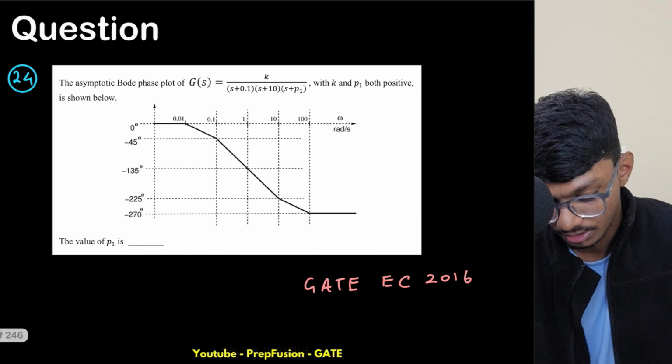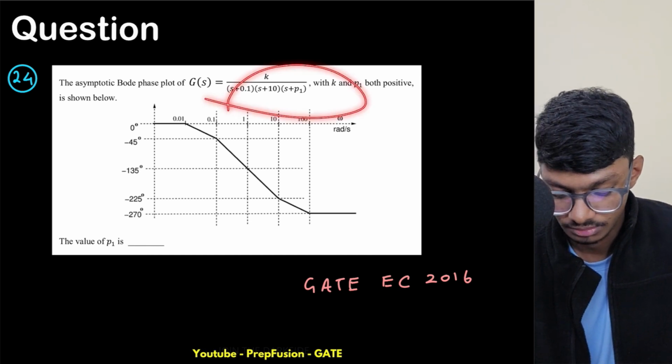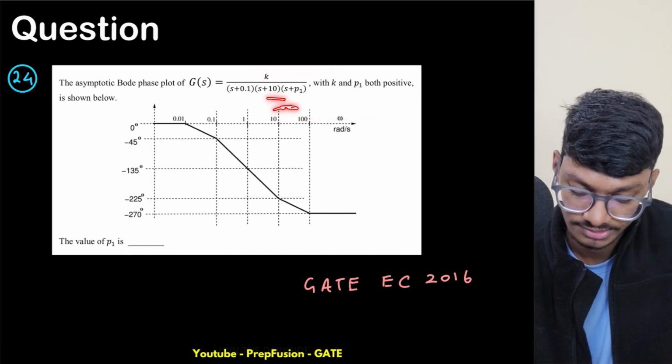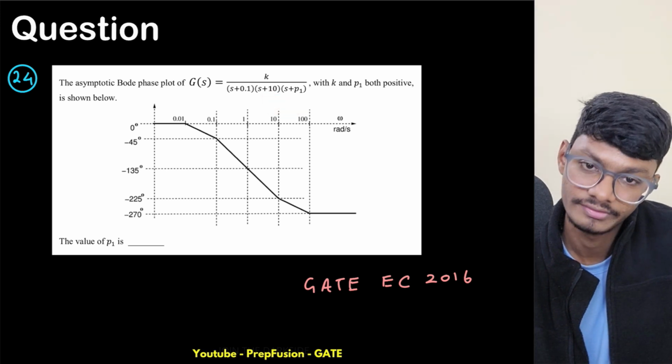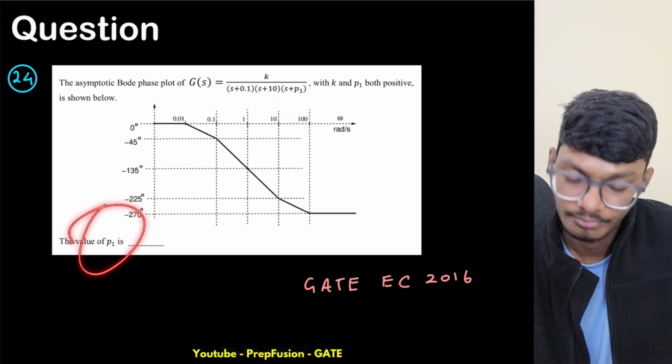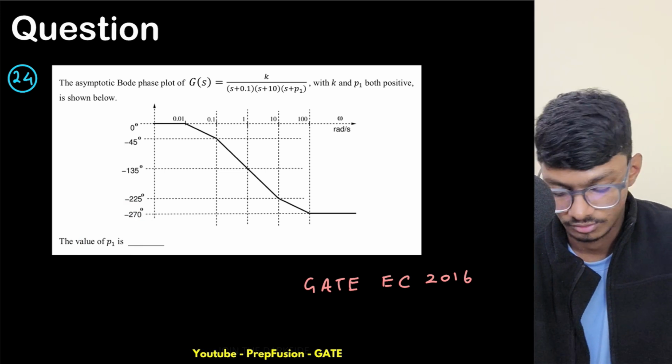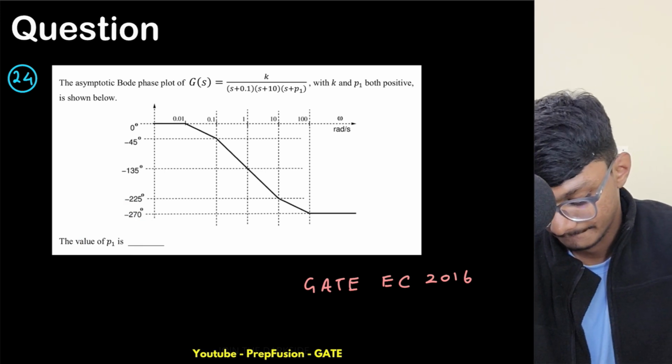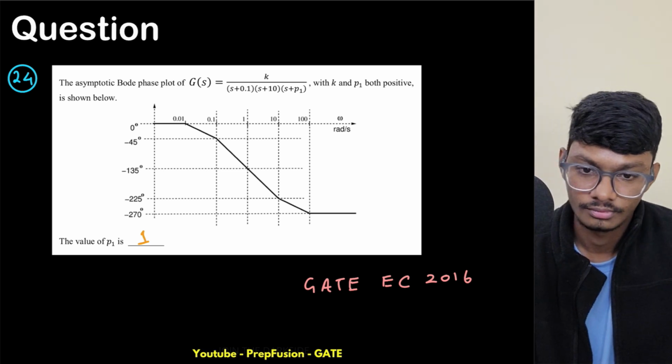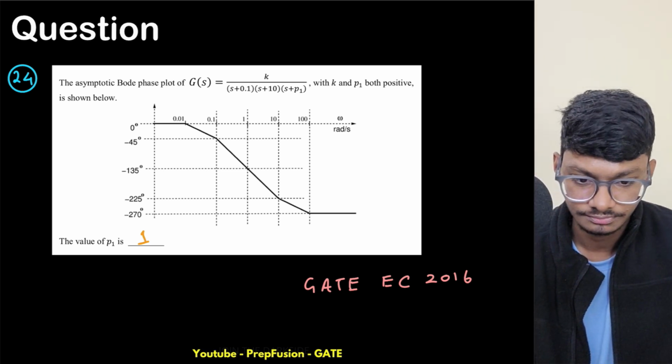Don't write P1 as minus 1, because they have already given it as plus P1. If they would have given minus P1, then you would have written P1 equals minus 1. Just be careful. So P1 will be equal to 1. Okay, so this is my answer for this question.